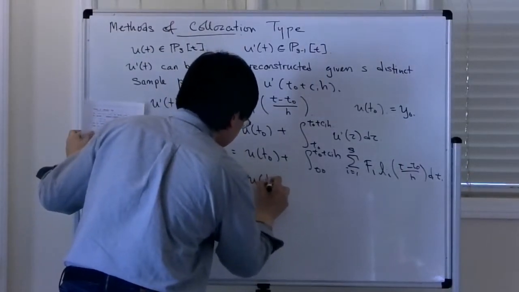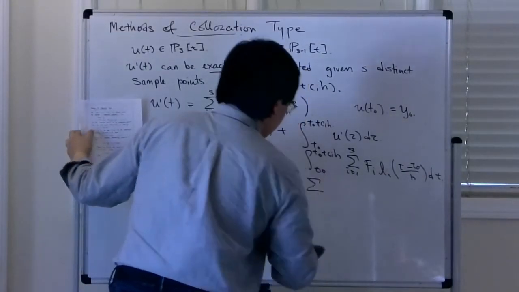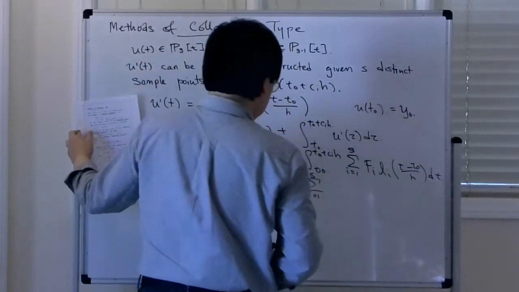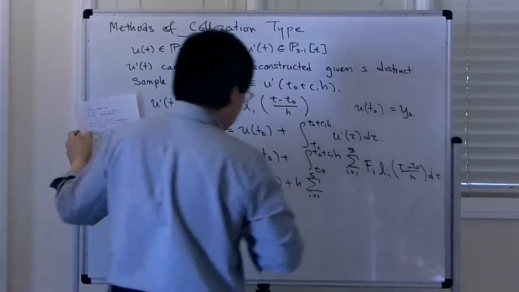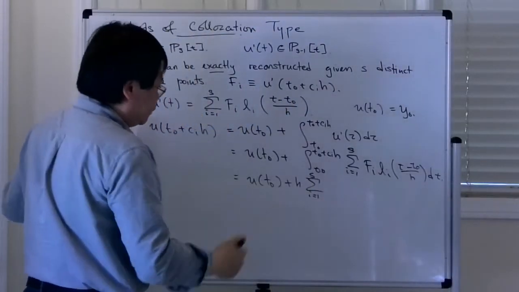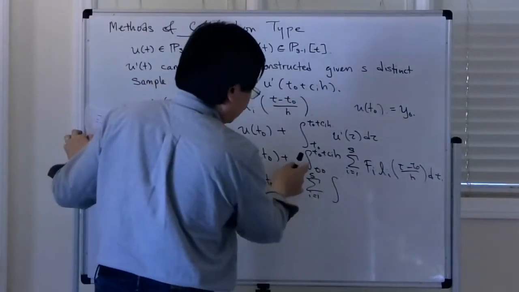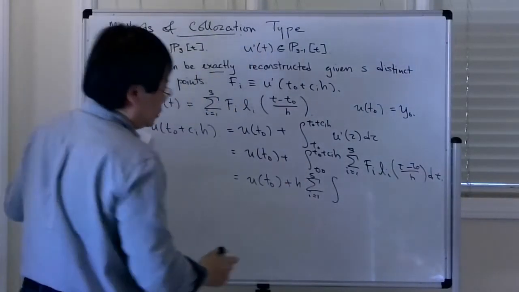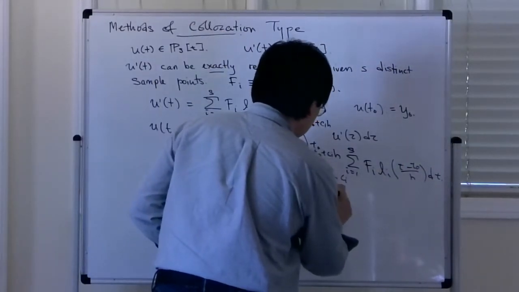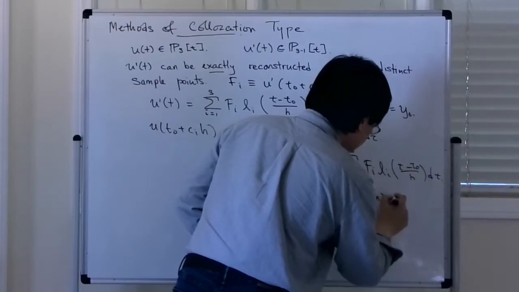So this gives me u at t0 plus, and I change the order of the sum and the integral, sum from i equals 1 to s. There's a factor here from the Jacobian of the transformation, and the limits of integration get transformed from t0 to t0 plus ci h to 0 to ci. And then there's an fi here, and the Lagrange polynomial li of x dx.